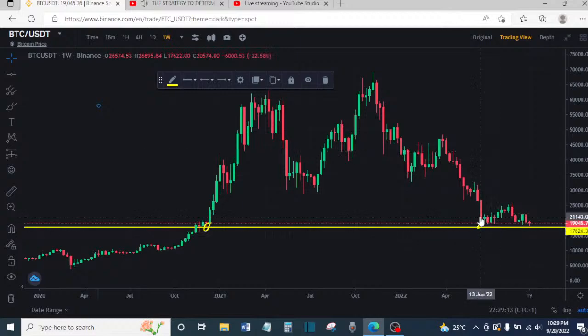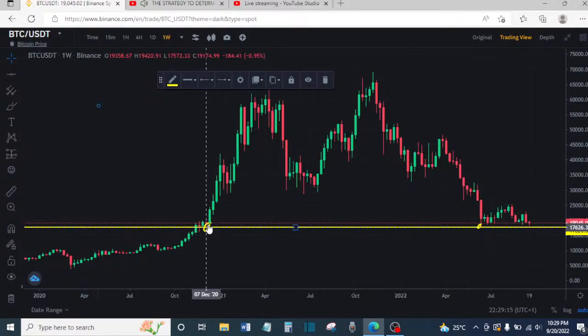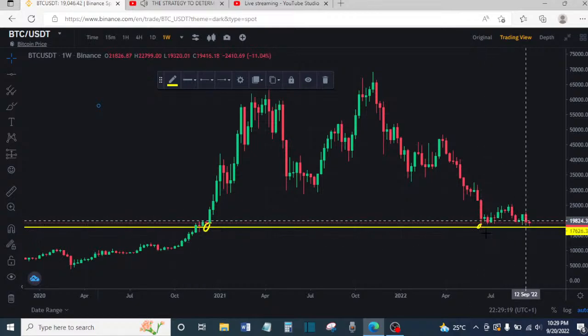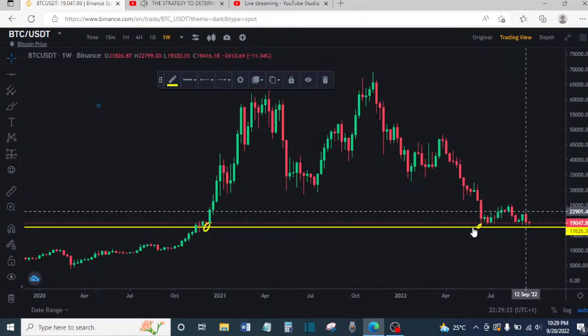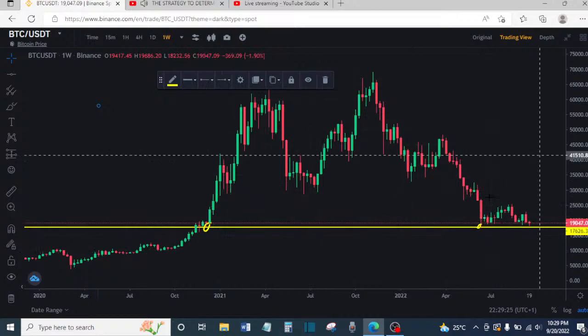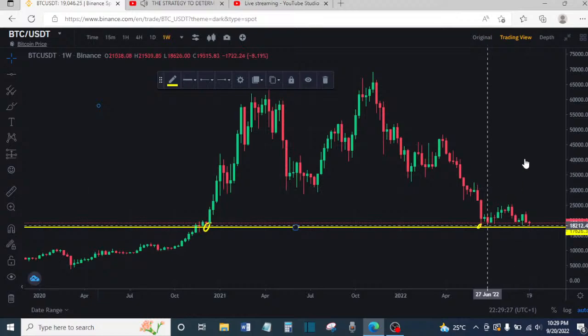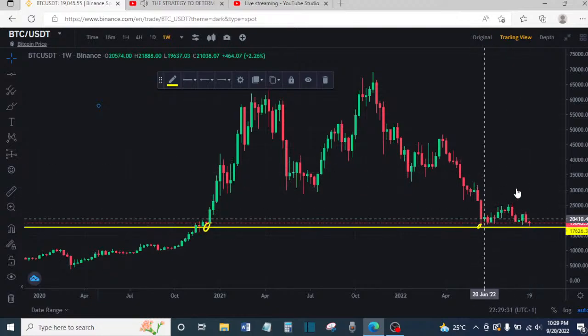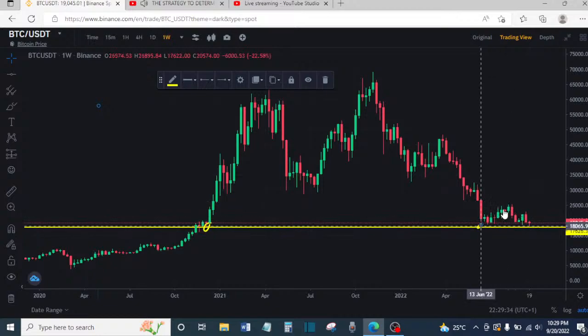Okay, so based on this double bottom and the movements that we are having around this area, which should have had a very strong rebound, there was no strong rebound. What we are having is something like creating more bottoms.